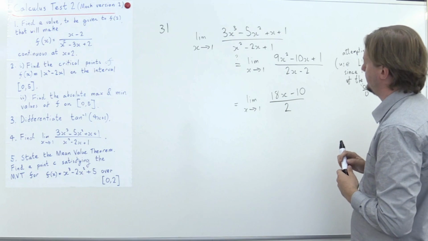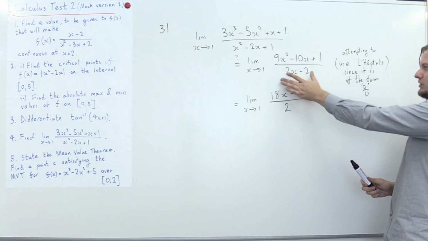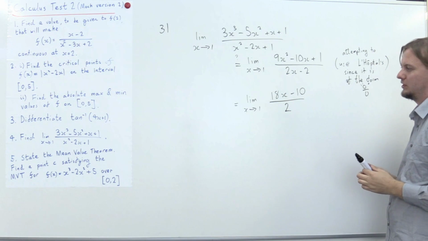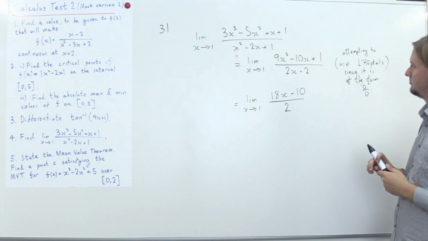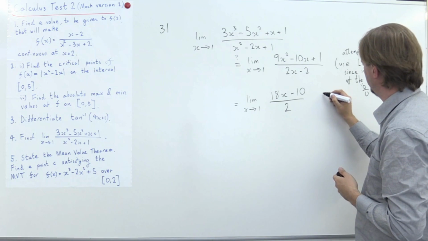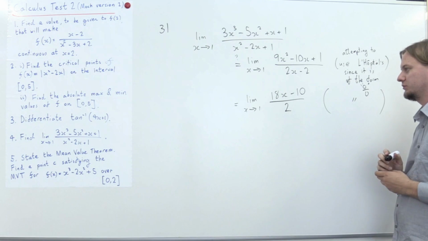I'm trying to think. I guess maybe what would make some examiners happy is if I wrote this was equal to this, provided this limit exists, because I'm never actually claiming it does exist at that point. And this, I'm claiming equal to this. Again, I'm attempting to use L'Hopital's rule since it is of the form 0 over 0.